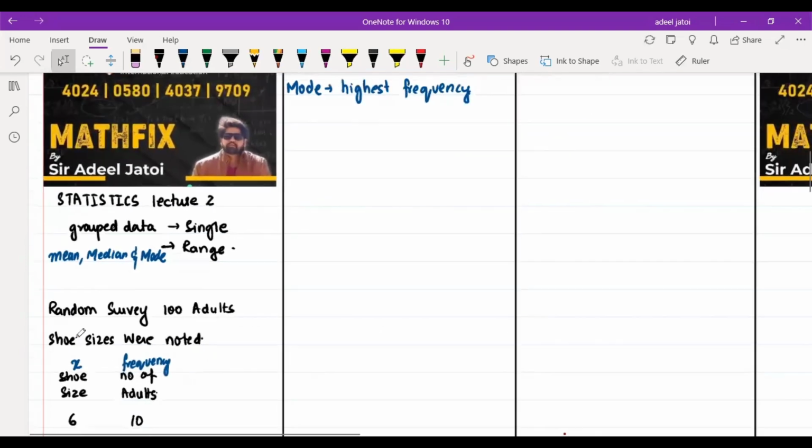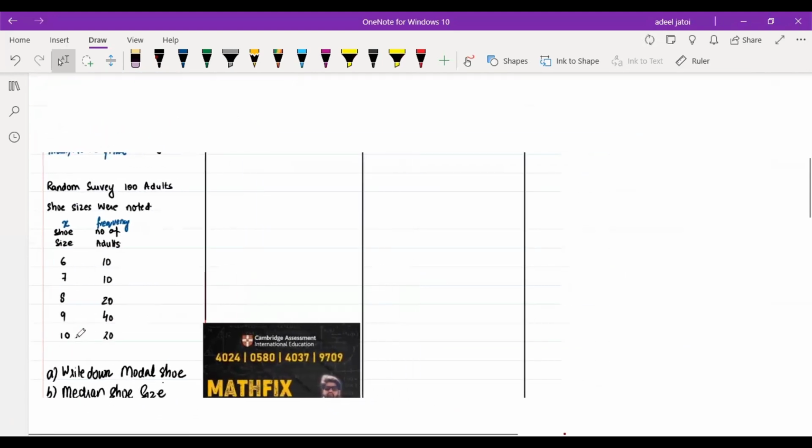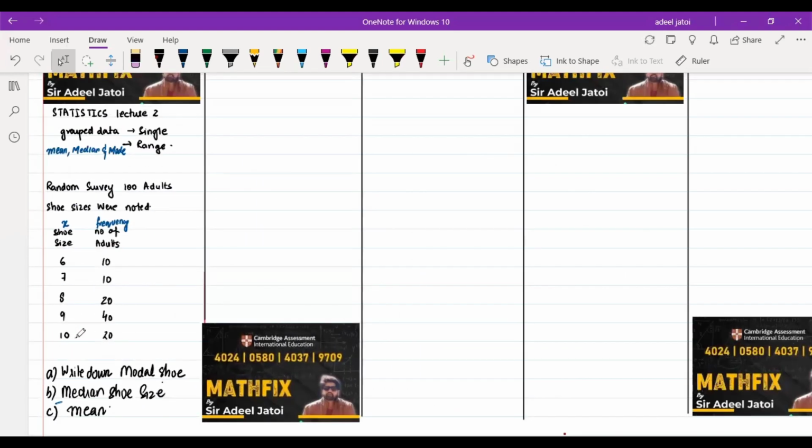So to take out the modal shoe size, I need to look at the frequency. Your frequency is the number of adults: 10, 10, 20, 40, 20. Out of all these five, I see 40 is the highest frequency. So when 40 is the highest frequency, 9 will be the mode.